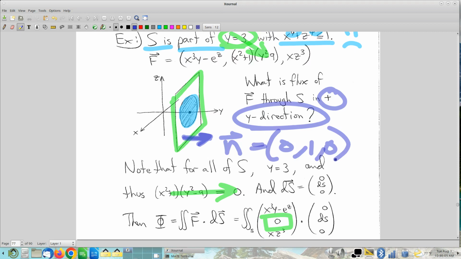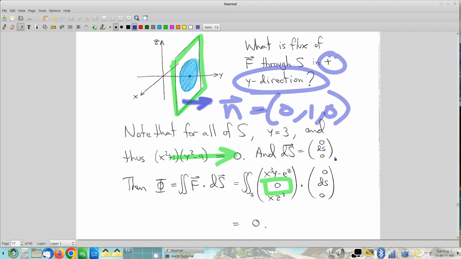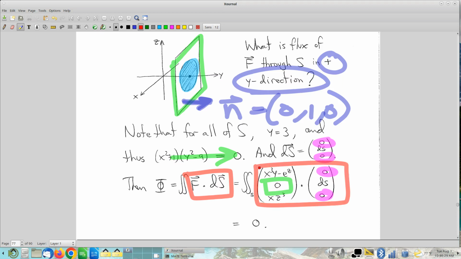There is only one unit vector pointing in the positive y direction. And that means that my dS vector has zeros there and there. So when I'm looking at F dot dS, there's F and there's dS, and that dot product's clearly 0, and again, walk away.